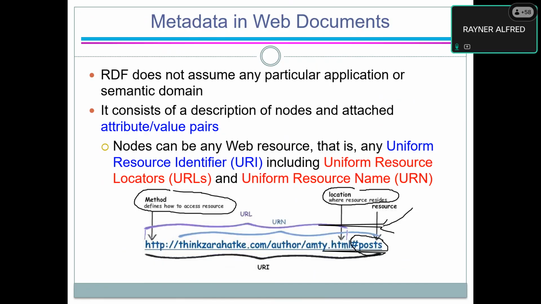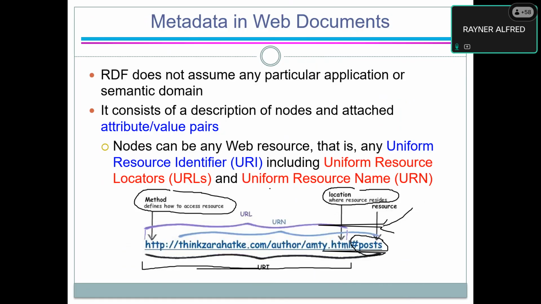Okay, so the whole thing is called URL, which is the Uniform Resource Locator, and we have also the Uniform Resource Name, which is up to here, that tells you the method and also the location. Okay.